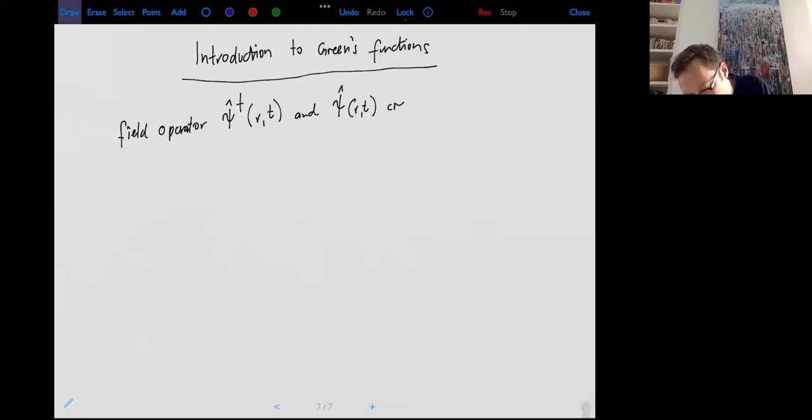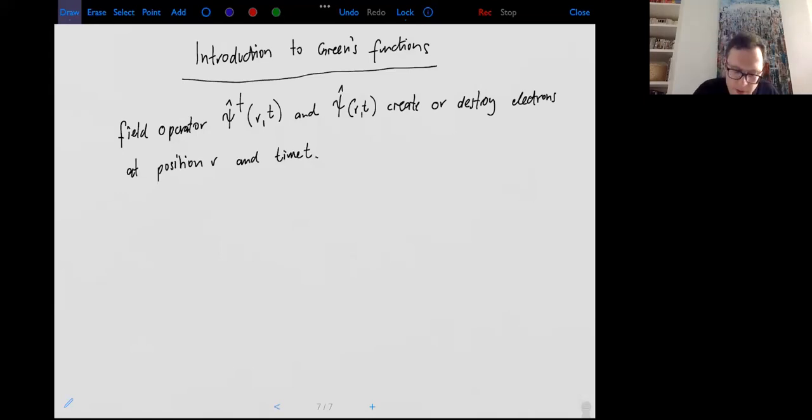These operators create or destroy electrons at position R and time t, right? So this is a quantum mechanical operator that describes the creation or destruction of an electron at a specific location and a specific time.